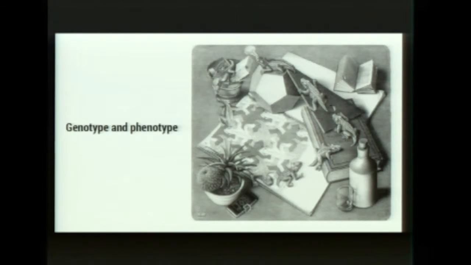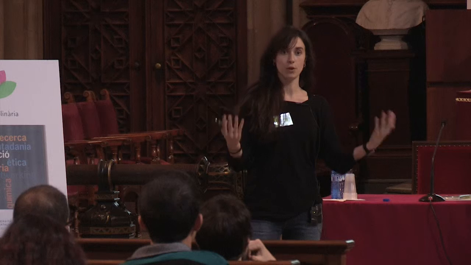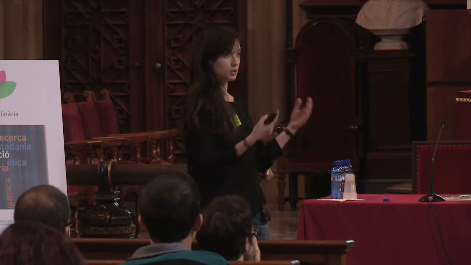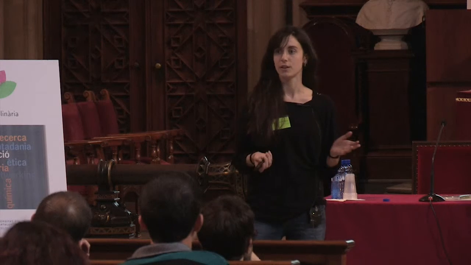That would be the basic information necessary to produce a phenotype. So here in this drawing, the genotype would be represented by the sketch of the crocodile, the basic information, and then this information unfolds in space and time to produce the real crocodile that can move and do things.